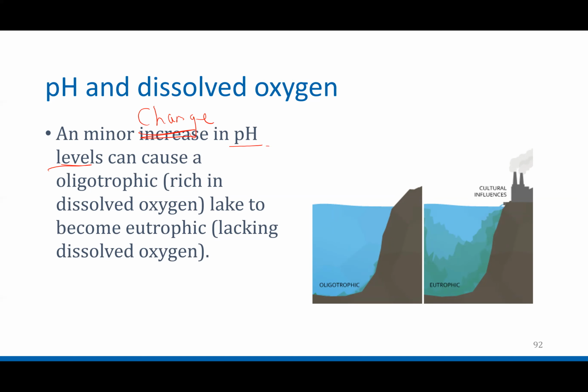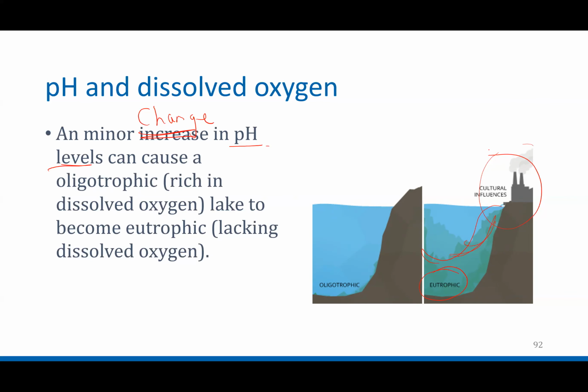And I got two pictures here. One of the big reasons for a eutrophic lake, you see all the green here, can be anthropogenic. Typically when plant life explodes in a lake, it can be human influences.